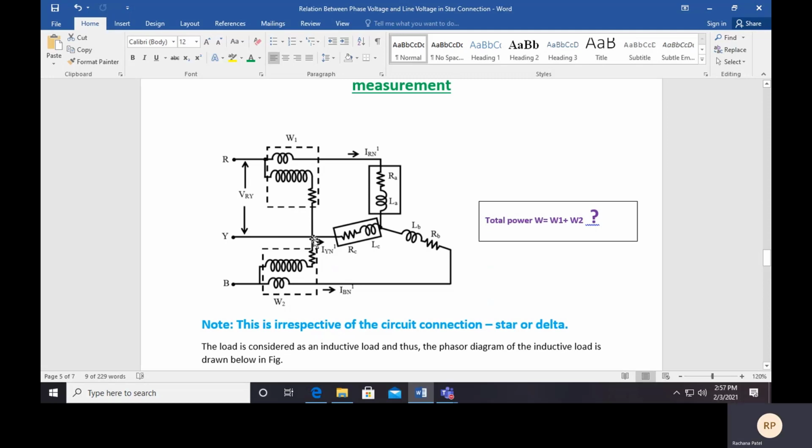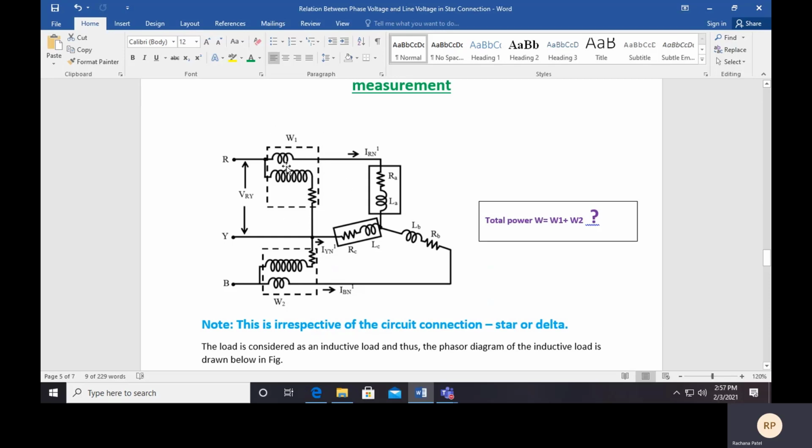And we know that a wattmeter is the device which can measure active power, and the active power formula for a single phase is VI cos phi. From the circuit we can easily predict which current and which voltage will be measured. But what about the cos phi for this W1 reading?